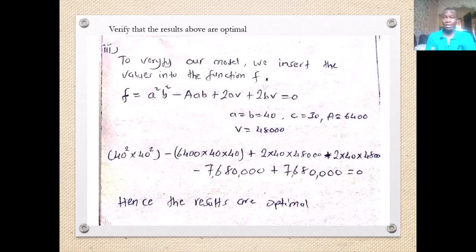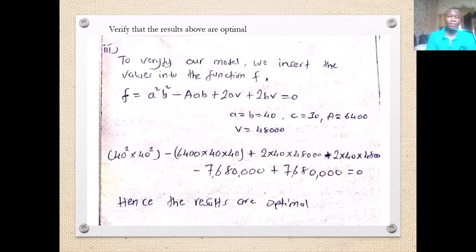This function is going to help us a lot, and if this function is satisfied for A equal to B equal to 40 and C 30, surface area 6400 and the volume 48,000, if you insert these values into the model, my results were as follows: negative 7,680,000 plus positive 7,680,000, and then they're going to cancel out and we are going to remain with 0.